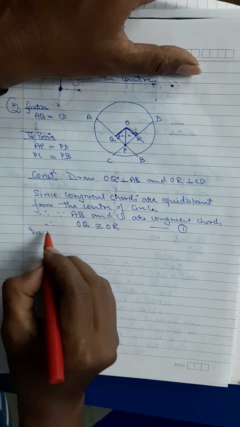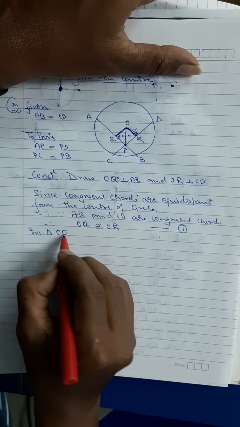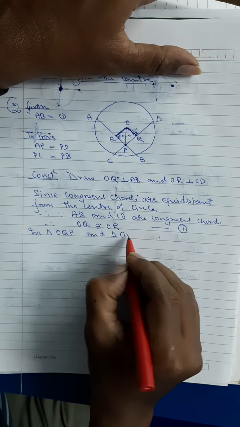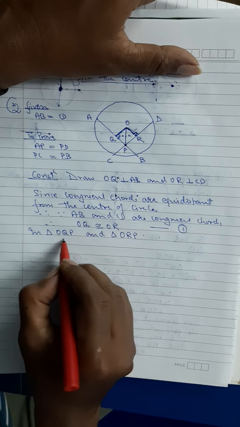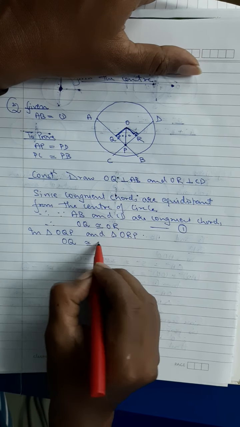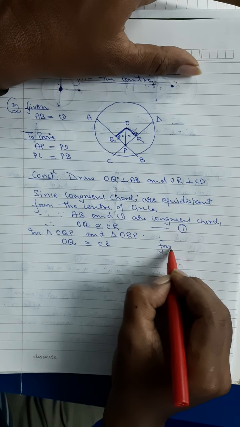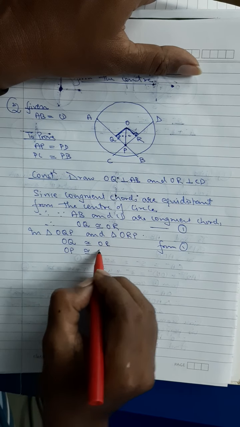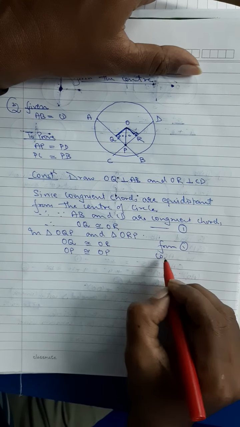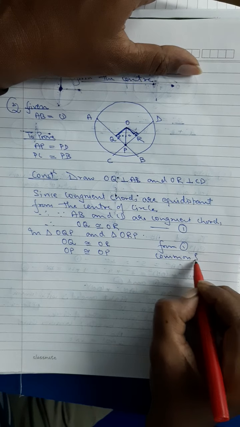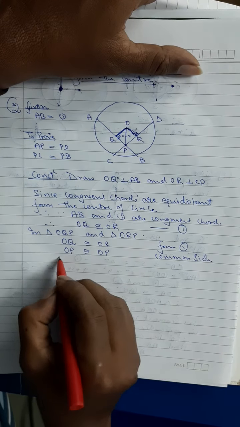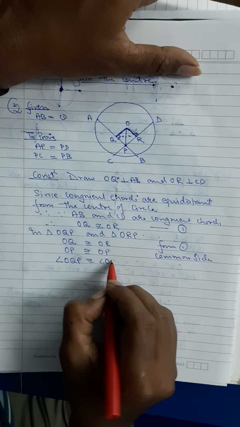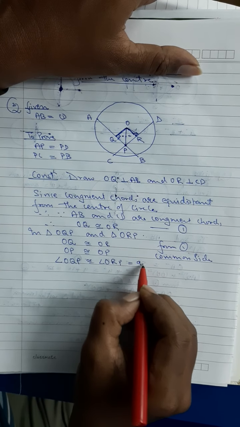Now I will compare in triangle OQP and triangle ORP. What do I get? OQ is congruent to OR from 1. OP is congruent to OP, common side, and we know that angle OQP is congruent to angle ORP, equal to 90 degrees.